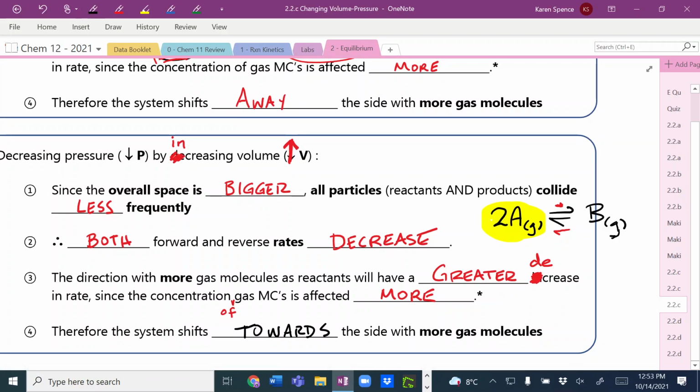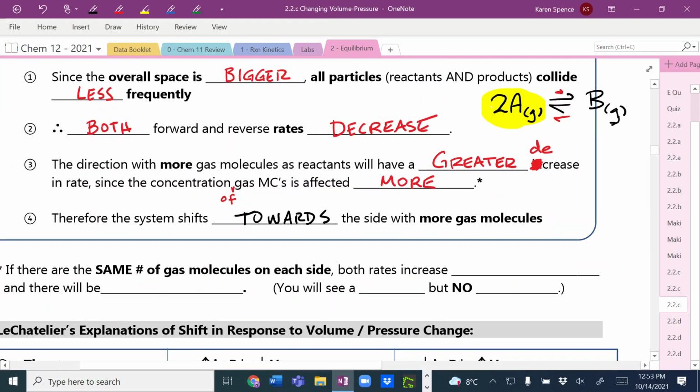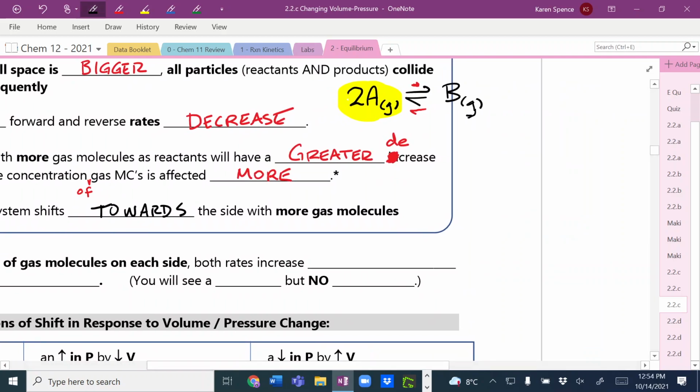Okay, so what's going to happen with a rate diagram then? If we had a rate diagram for that, you would see your forward rate and your reverse rate.